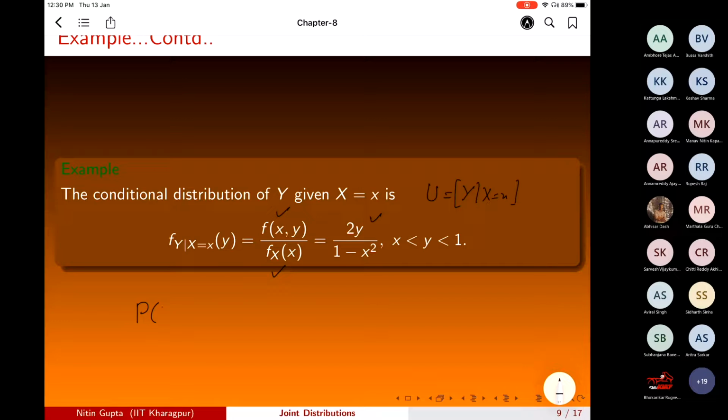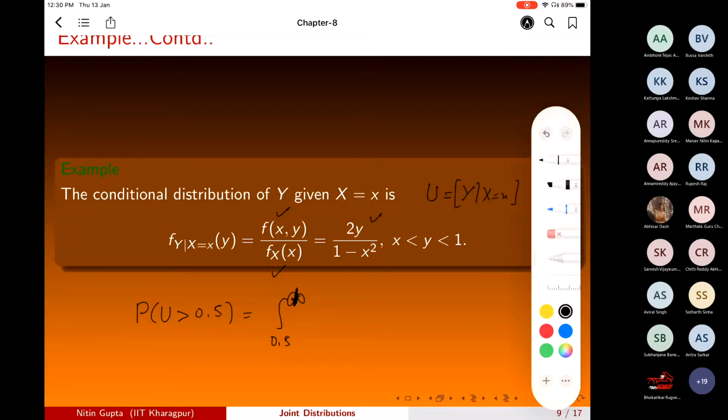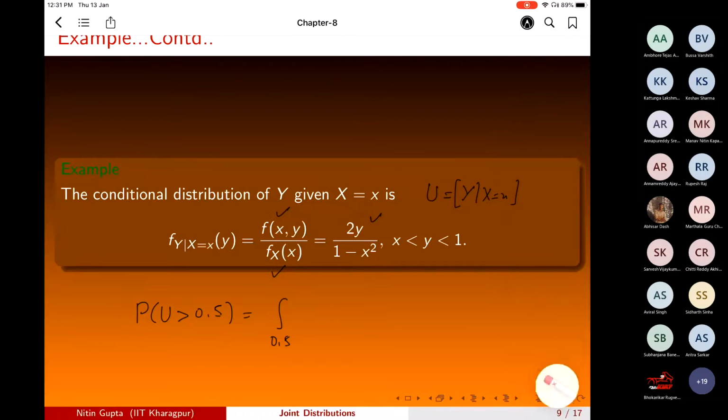If you want to find u greater than, let us say, 0.5, then you have to integrate from 0.5 to 1, or whatever the point is, f u du. So in this fashion you can find it out.